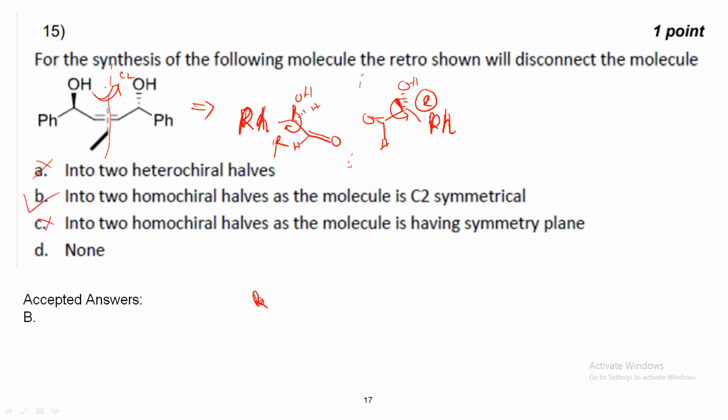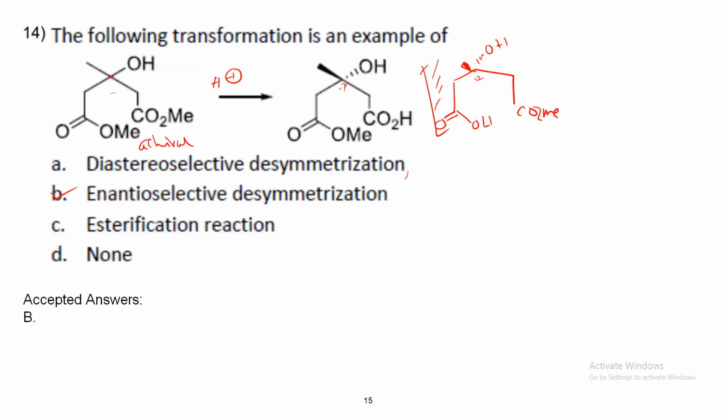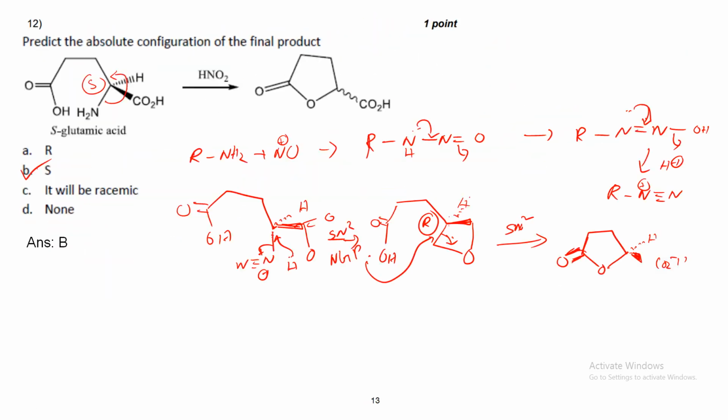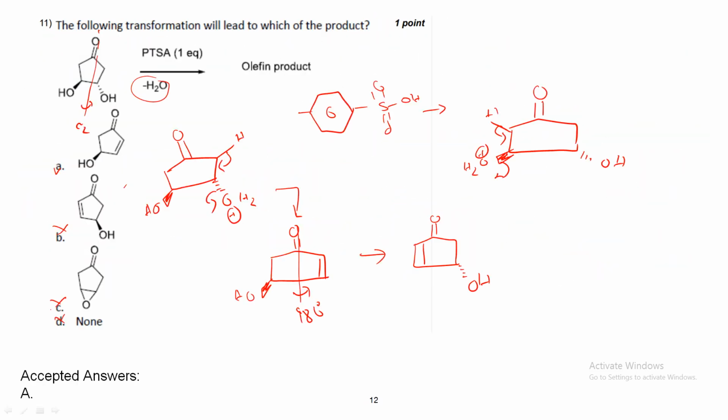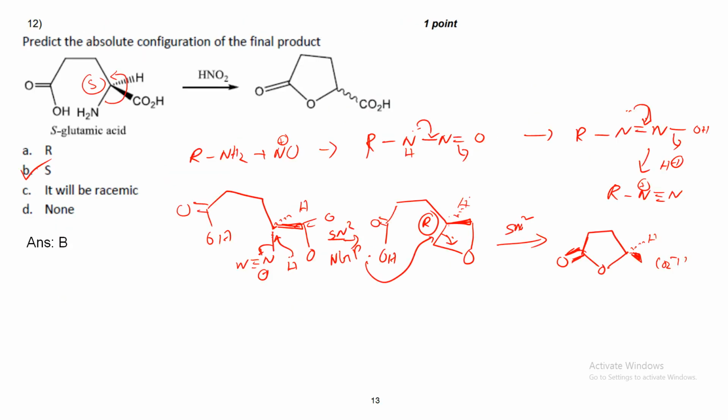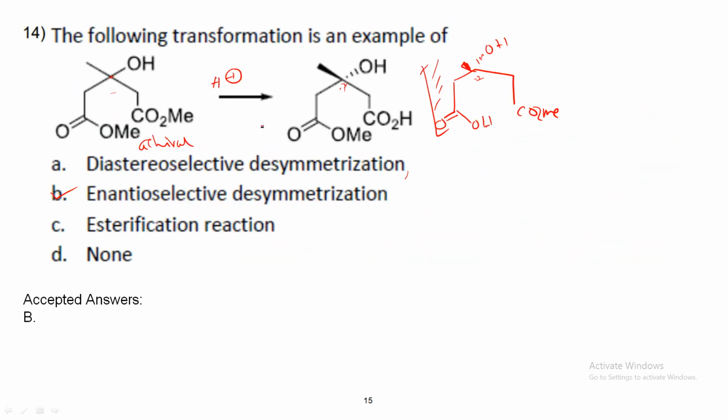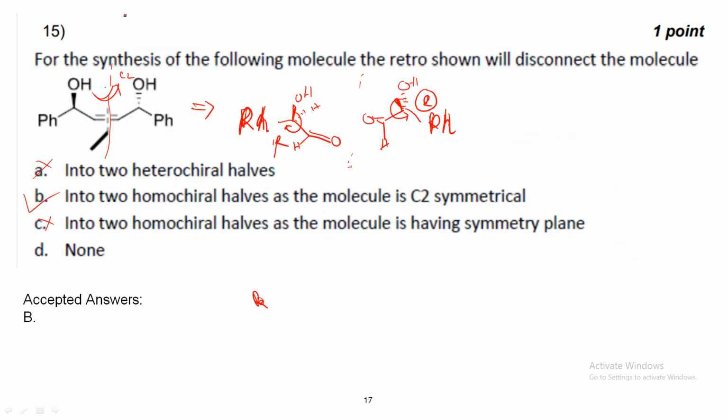And the previous case we have discussed. Here we also have a C2 symmetric molecule and we generate two homochiral molecules. Here it is just related to that only. So here also we have C2 symmetry and we generate two identical halves.